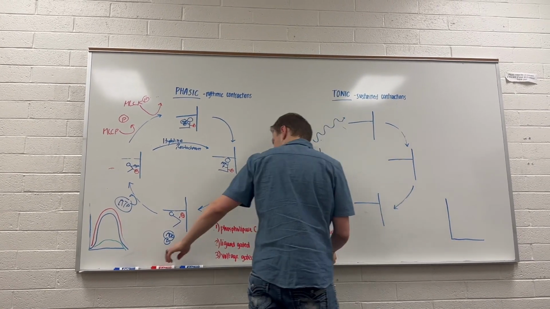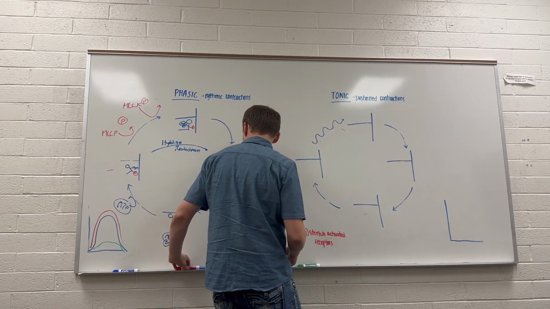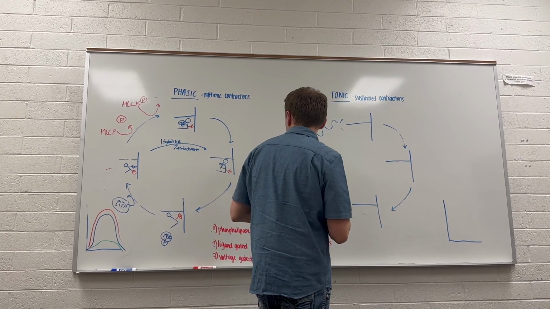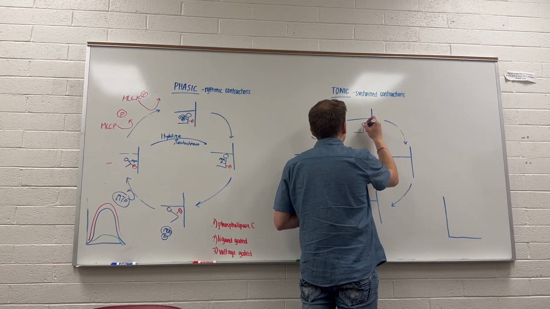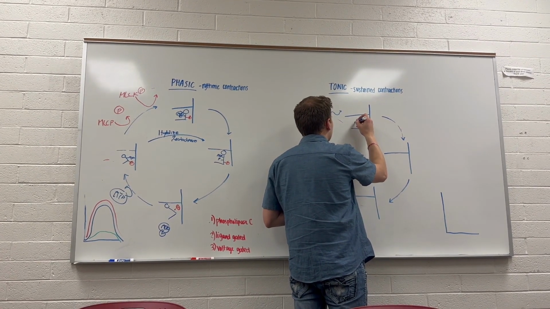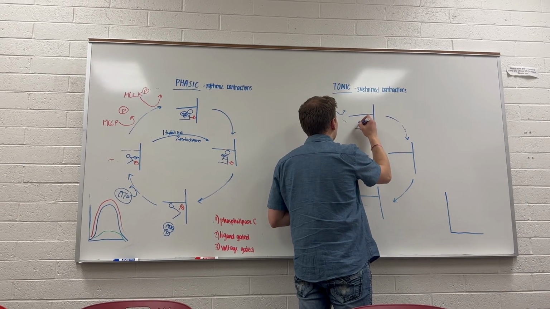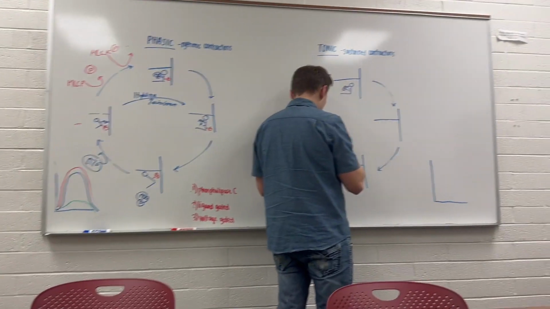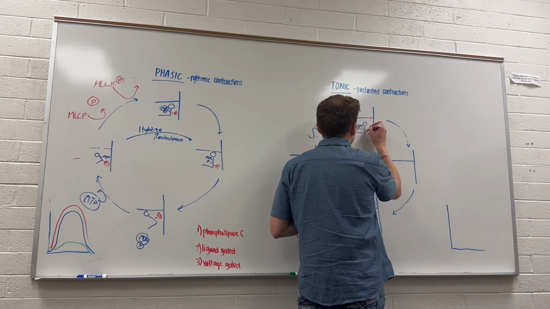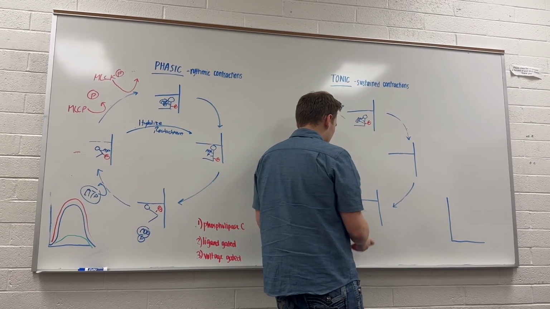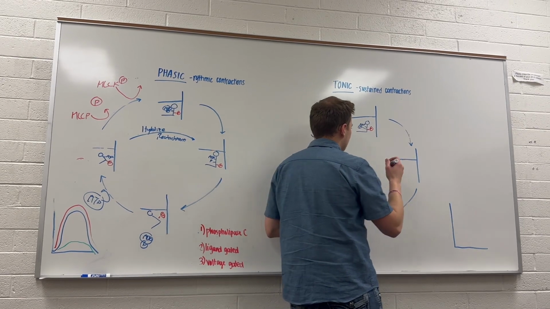So, coming over to here, same deal. It's very similar, where we have our myosin head, we have our ADP, we have our phosphorus, and we also at this point in time, it's also been phosphorylated by our MLCK. And once again, our myosin head's going to come attach.